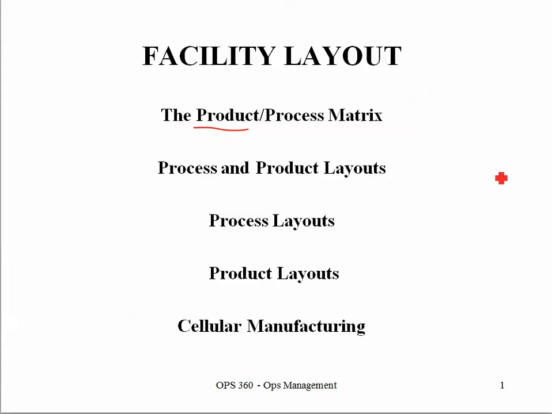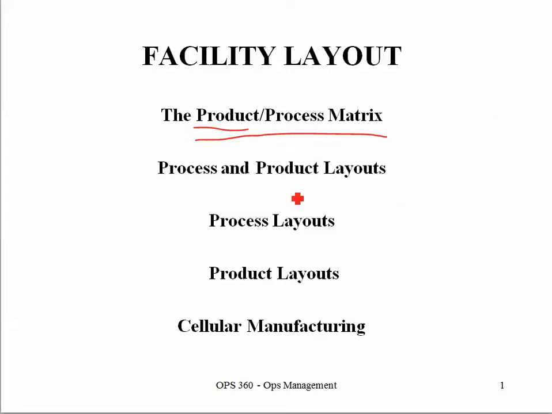So the first thing I'm going to talk about is the product process matrix, which is a conceptual framework to help us relate how the products that we're manufacturing and selling to our customers affect the nature of the process, the setup that we want to use to manufacture those products.